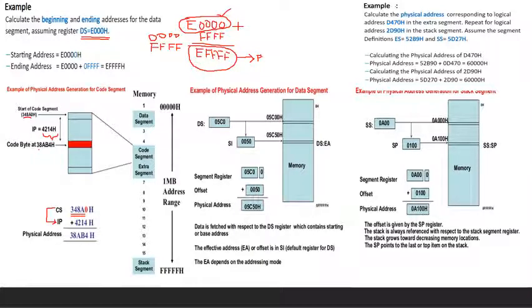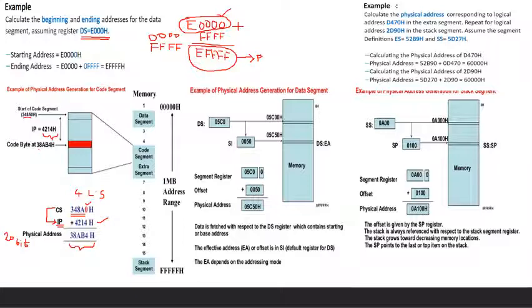So the code segment value is shifted left by 4 bits, that is, a 0 is appended, giving 348A0, plus the offset value in the instruction pointer, by means of which 38AB4H is obtained, and this is the 20-bit physical address.